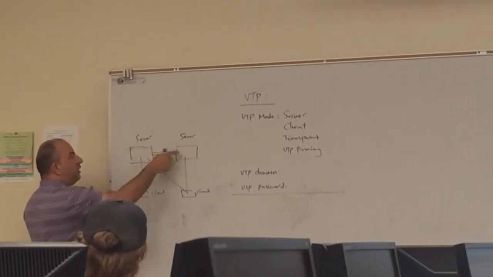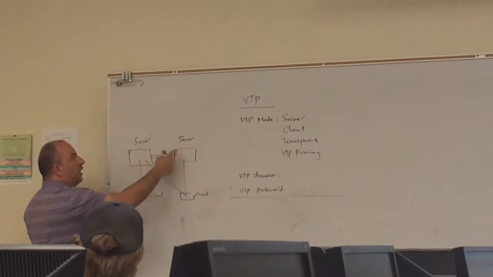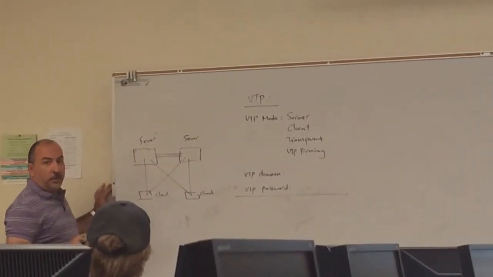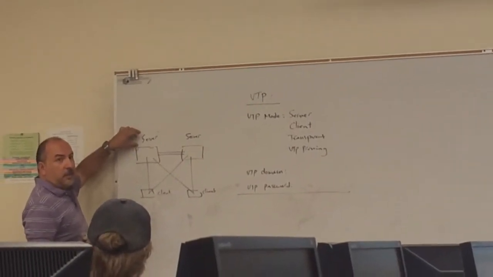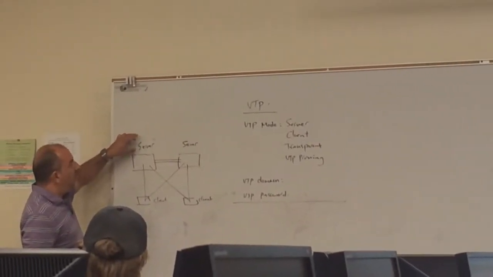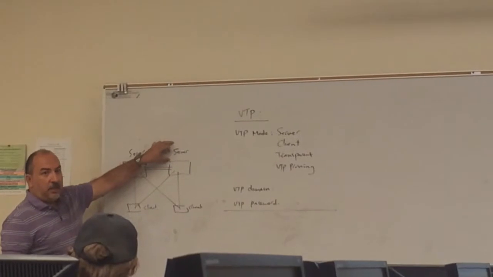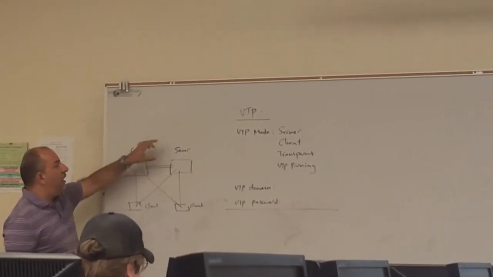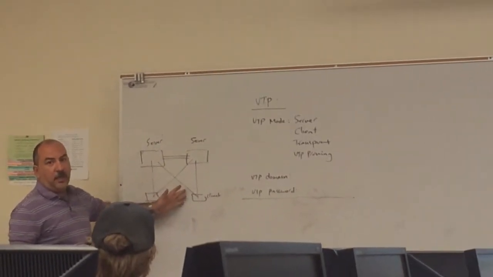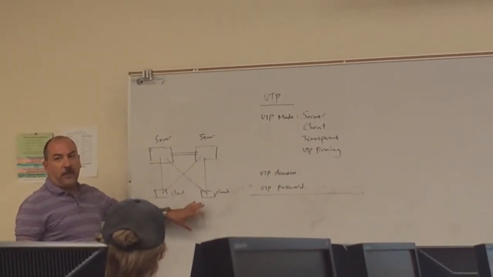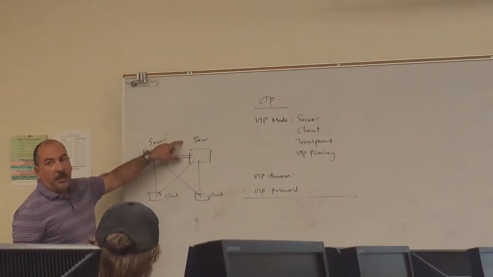So any changes in one of the switches is reflected into the other switch. So if you remove one VLAN or add a VLAN, it's immediately reflected here, and the same vice versa, okay? But the clients are not able to do any adding or removing of VLANs. They are controlled by this.